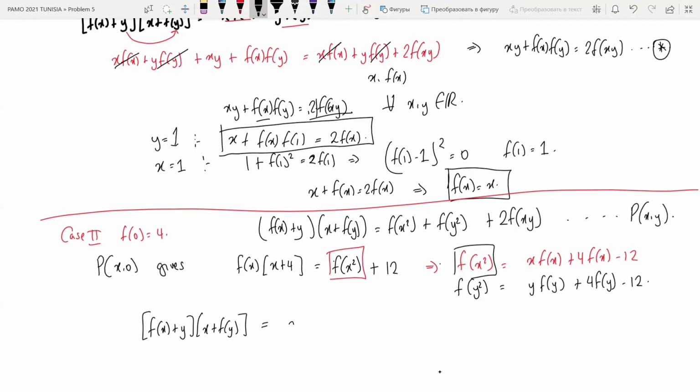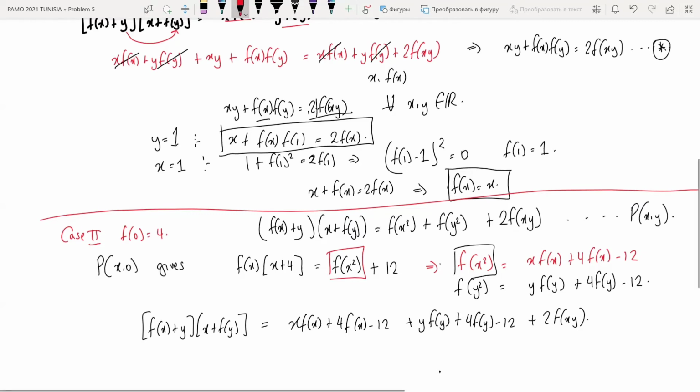So from this point, we get x f of x plus 4 f of x minus 12 plus y f of y plus 4 f of y minus 12 plus 2 f of xy. So this is what we have. Then now we can expand this left-hand side again. So we can cancel out x f of x and y f of y. Let's do that.